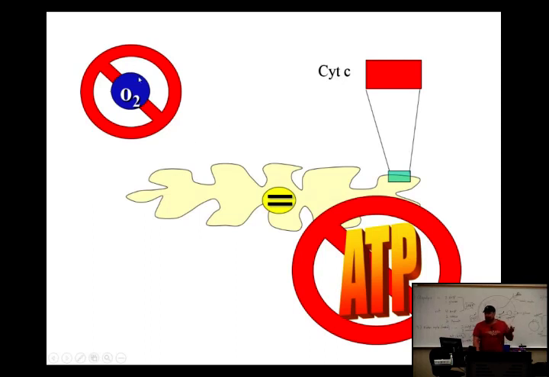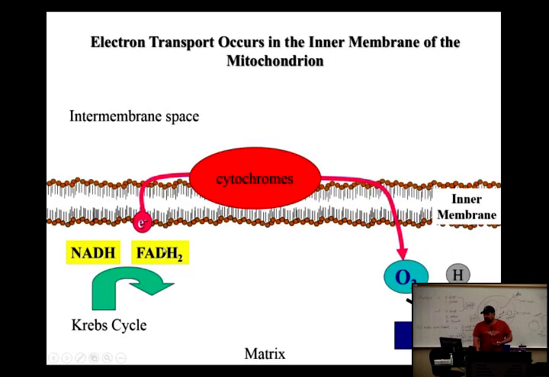They starved the cells of oxygen. What do you think happened? They didn't make ATP, right? Yeah, they had to ferment. So after some research in the early 70s, they figured out that the electrons were coming off of NADH and FADH2. Those electrons were getting passed onto the cytochromes, making them change colors, right? And then eventually oxygen was the electron acceptor.